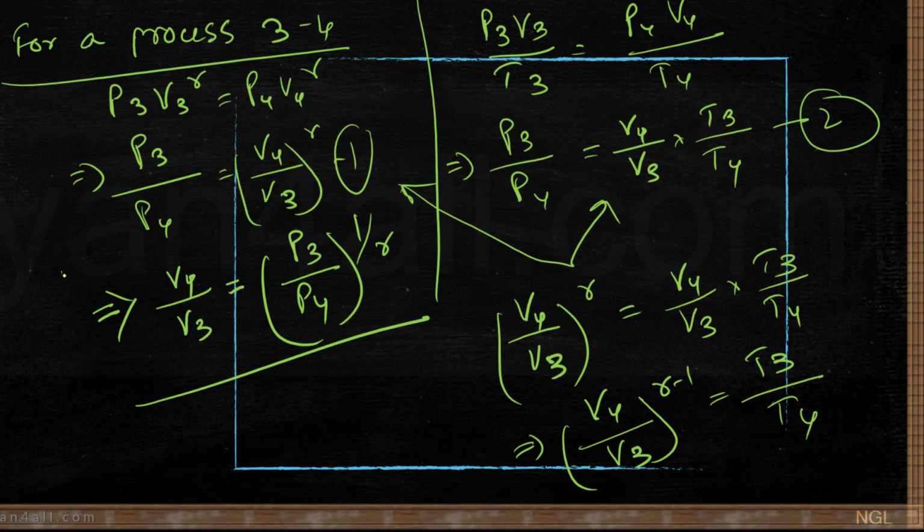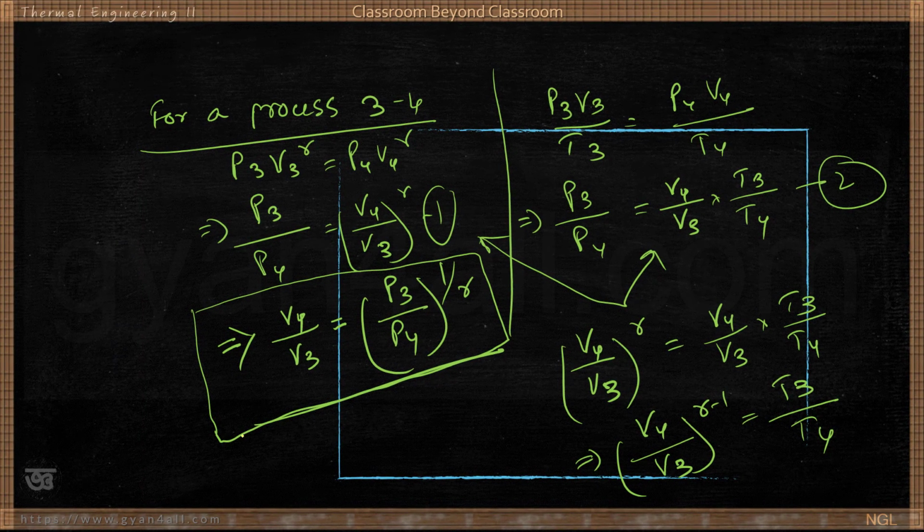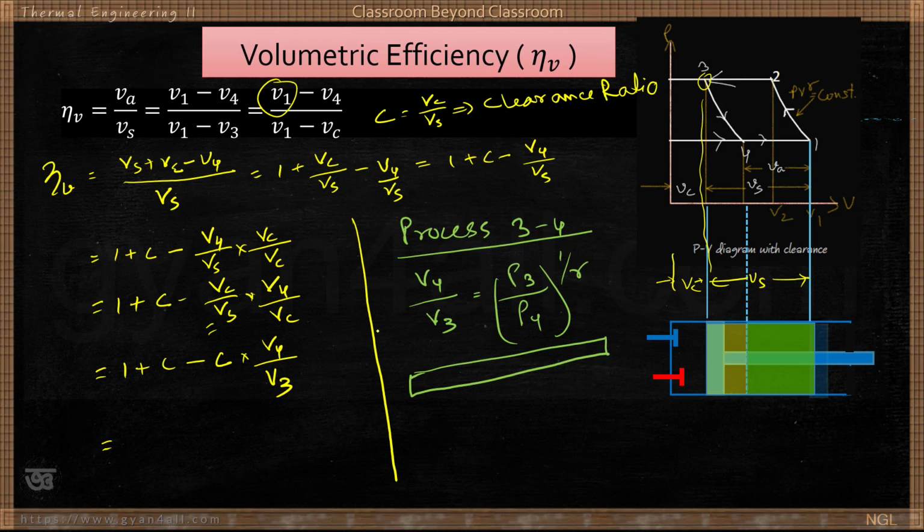Actually we need this equation in terms of pressure. If we have to find V4 divided by V3, it will be equal to T3 divided by T4 all to the power 1 by gamma minus 1. Okay, so we will take this equation, V4 divided by V3 equal to P3 divided by P4 all to the power 1 by gamma.